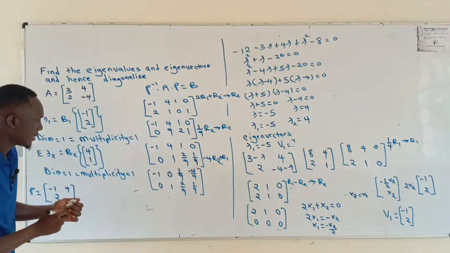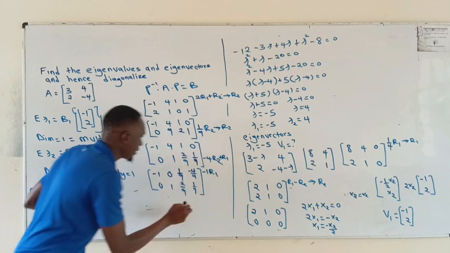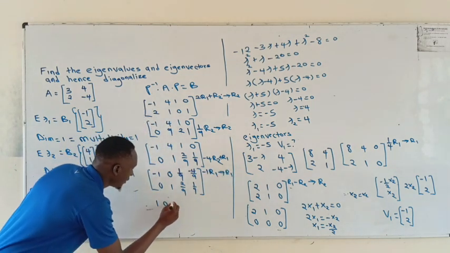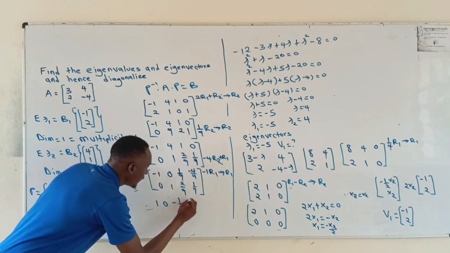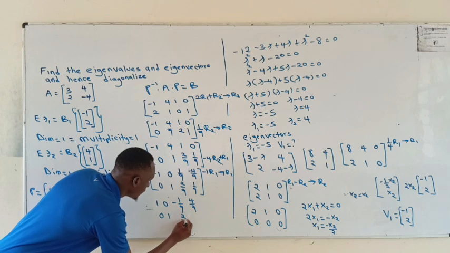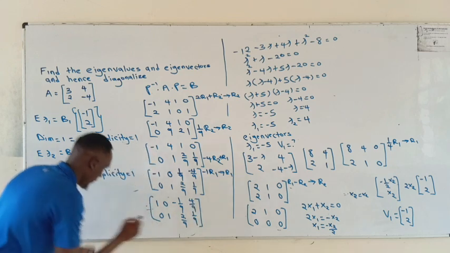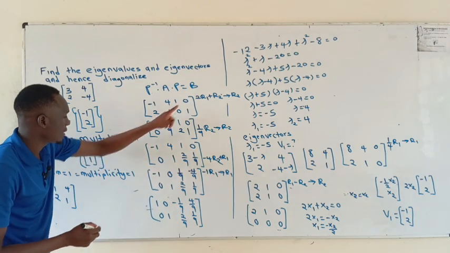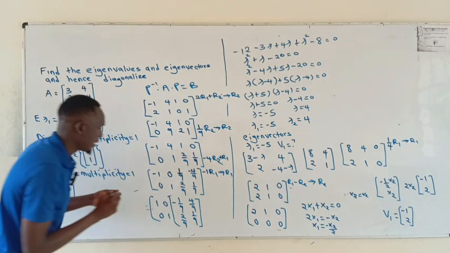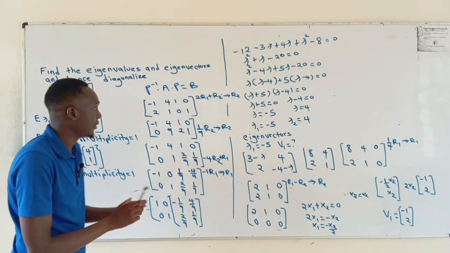Now let's multiply negative 1 times R1 first, our answer to row 1. We have 1, 0, negative 1 over 9, 4 over 9. We have 0, 1, 2 over 9, 1 over 9. We realize that the identity matrix is now on the left and the inverse is on the right. Therefore, our inverse is negative 1 over 9, 4 over 9, 2 over 9, and 1 over 9.